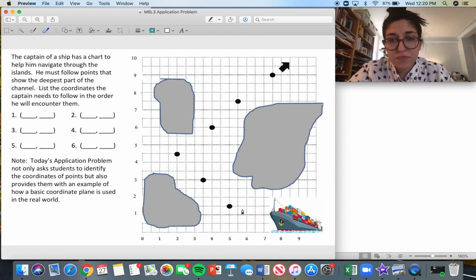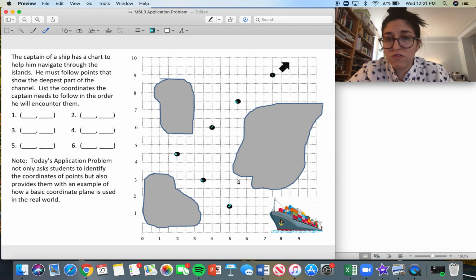In other words, this is the ship, and we need to get it from here, its starting point, to here, its ending point. But we need to do it following these specific coordinates, going here, then here, then here, then here, then here, and finally to here.